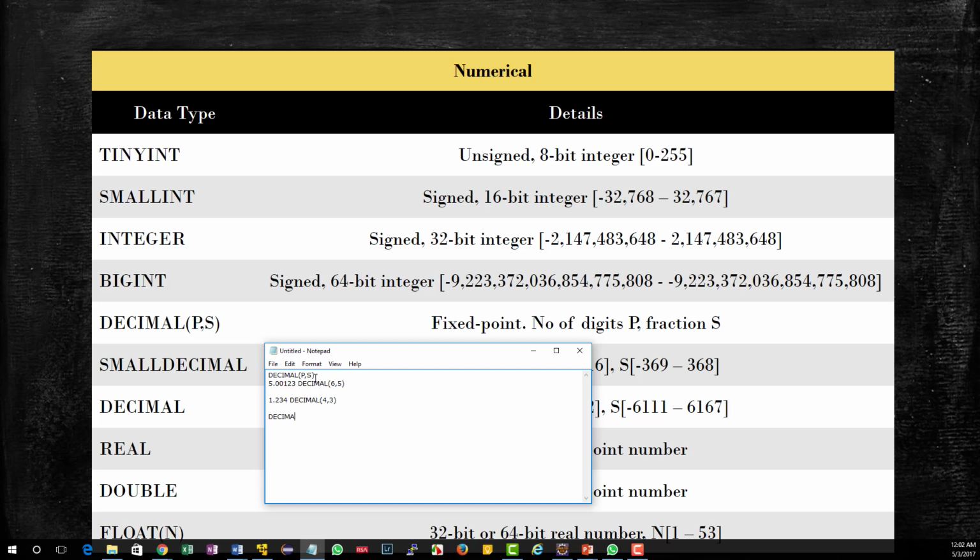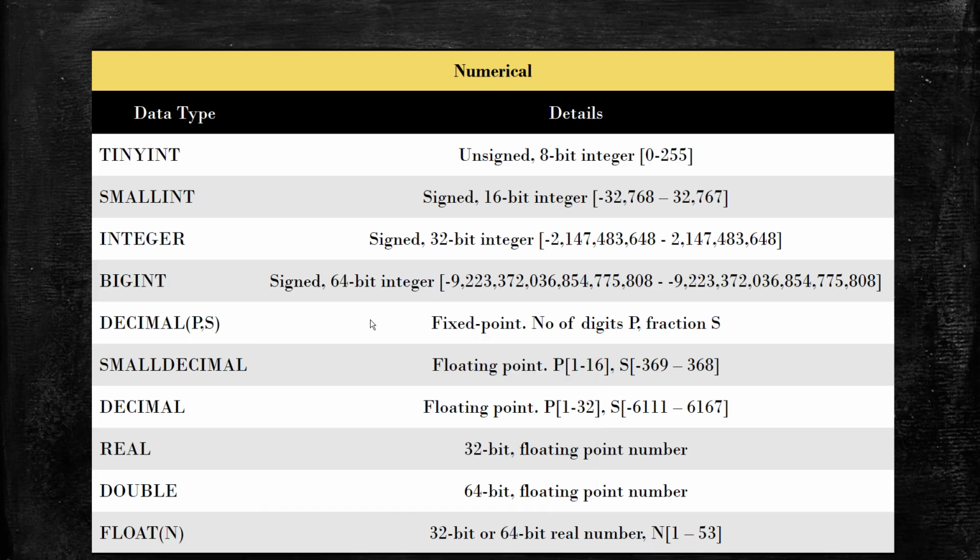If I mention decimal 6 comma 5 instead of 4 comma 3, and I feed the same value 1.234, then the system is going to store the value something like 1.23400, and the extra space is filled with zeros, like these 2 zeros will come. So that is about decimal p comma s, that is fixed point decimal.